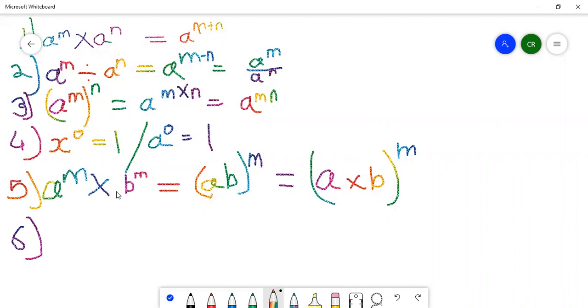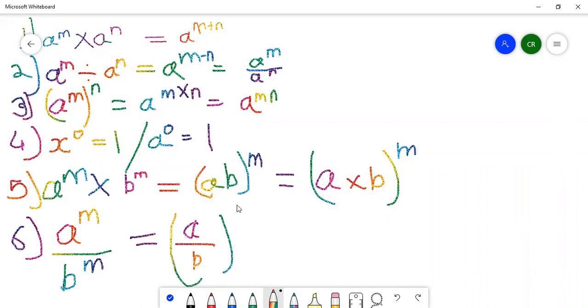So if the equation is a to the power m by b to the power m, we will write this as a by b whole raised to m, because both exponents are the same. So we can write a upon b whole raised to m.